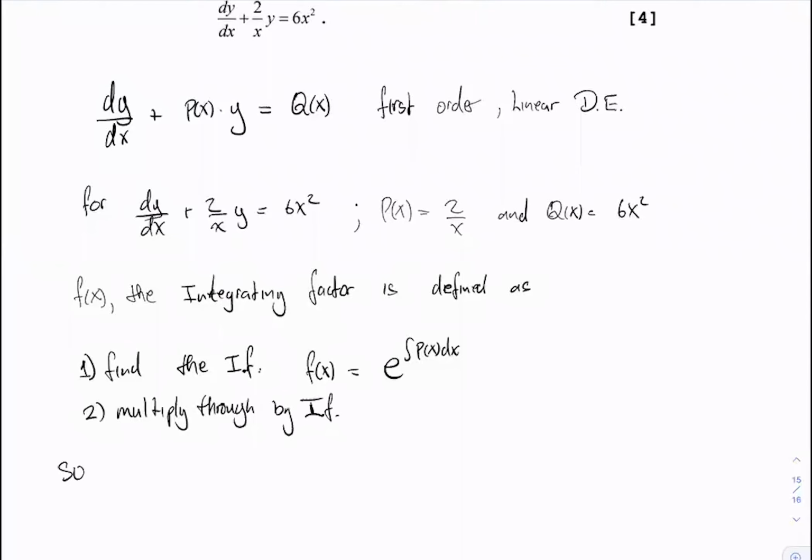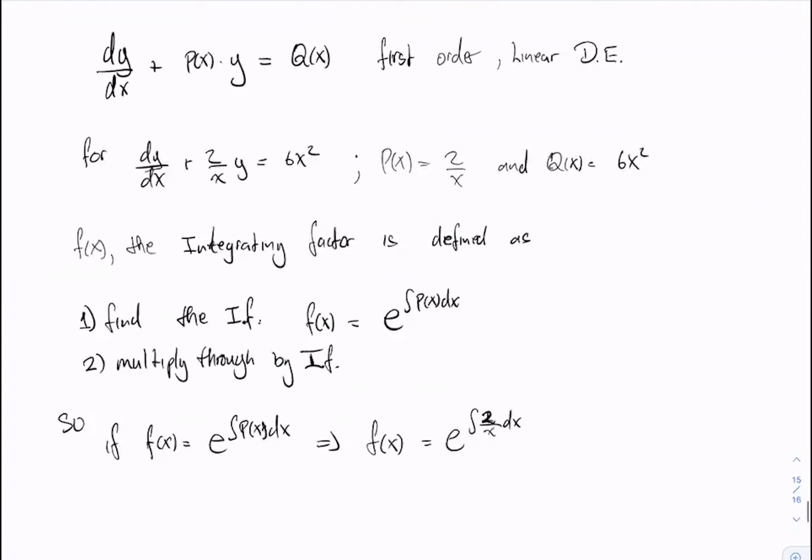So if f of x is equal to e to the integral of p of x dx, then here our f of x is actually e to the integral of 2 over x dx. And when we integrate 2 over x, we end up with what? This implies that f of x is equal to e to the 2 times ln x.